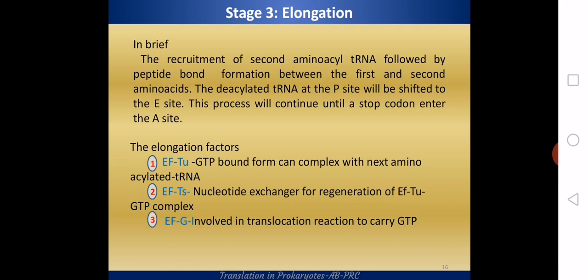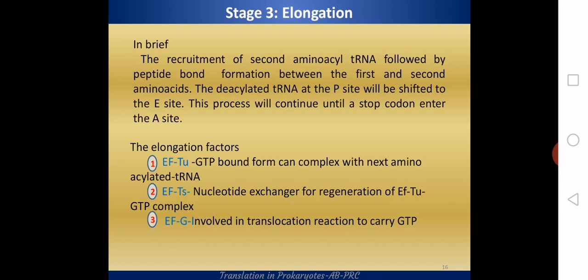Okay. So as we saw in initiation, here also certain external proteins are supporting the mechanism. They are called the elongation factors. There are three factors. The significant factors are EF-Tu, EF-Ts and EF-G, seen in the prokaryotic system.